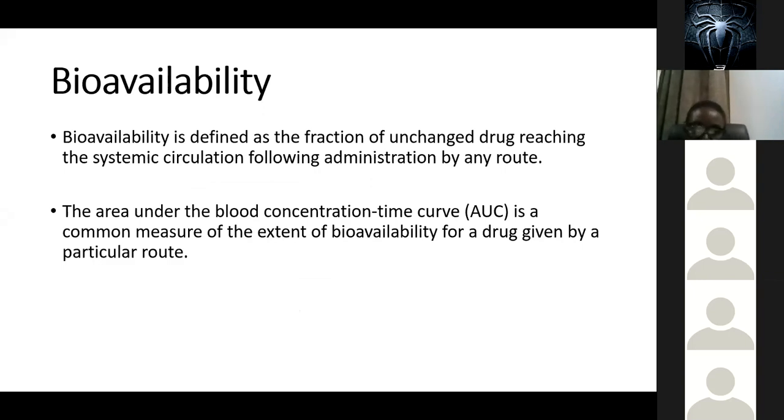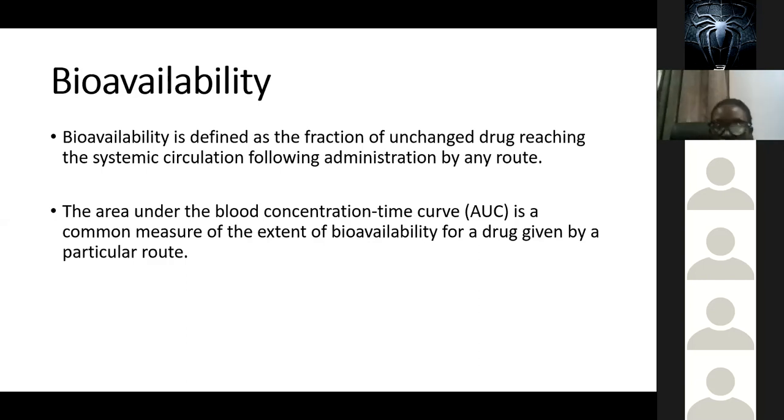Bioavailability is defined as the fraction of the unchanged drug reaching the systemic circulation following administration by any route. In simple terms, if you give a medication, how much of the medication ends up in the systemic circulation after you administer it by any route.